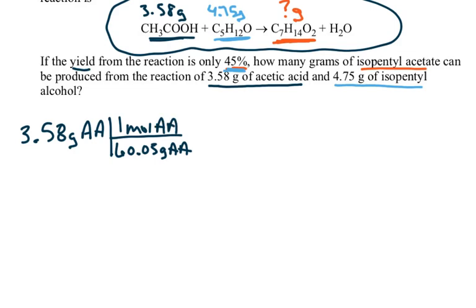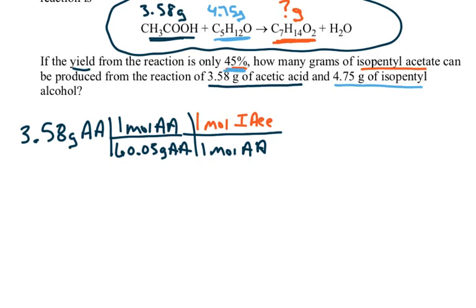By our problem, 1 mole of AA gives 1 mole of isopentyl acetate, let's just call it IACE.